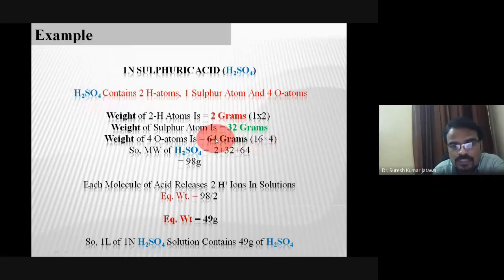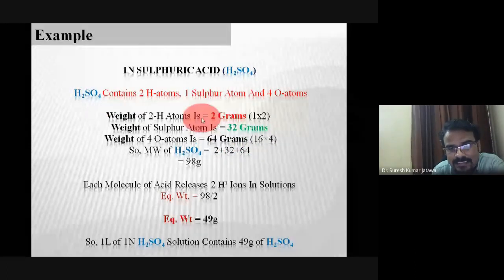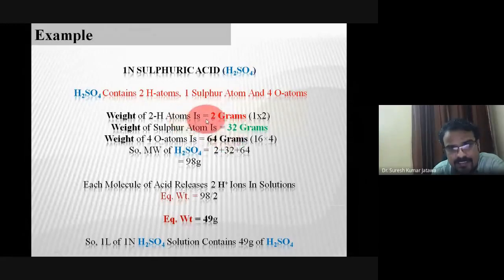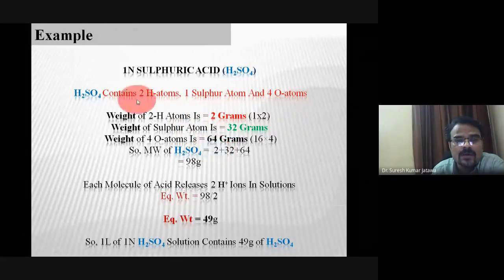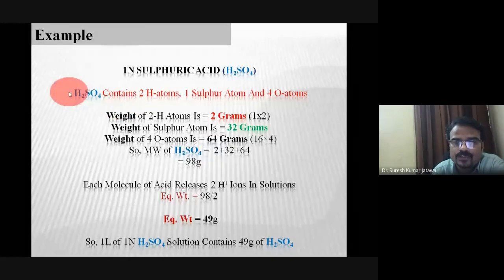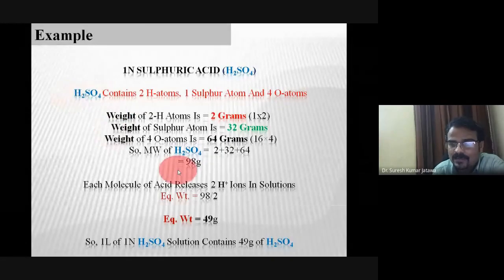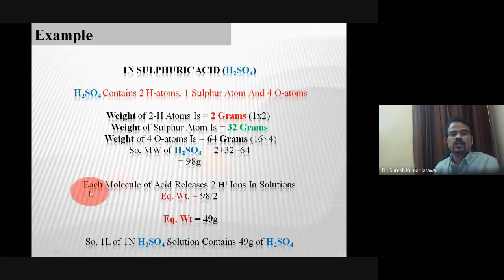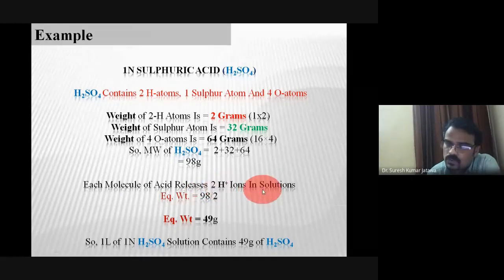So when you sum up all these numbers, the result will be the molecular weight of your H2SO4. That is 98 grams. When you add 2 plus 32 plus 64, it is 98 grams. Each molecule of acid releases 2 H plus ions in solution.